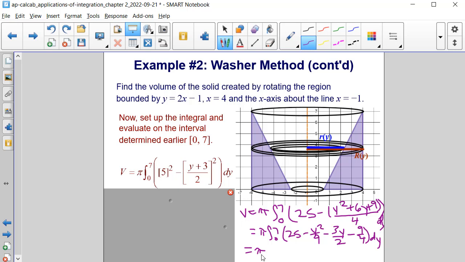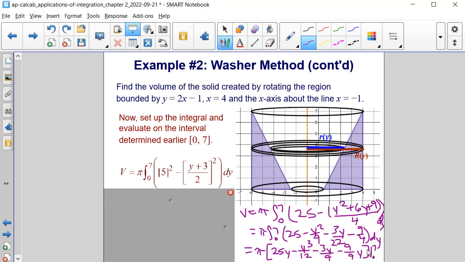So we have pi, and then when we integrate, we're going to have 25y minus y to the third over 12 minus 3y squared over 4 minus 9/4 y. And we're going to evaluate this from 0 to 7.